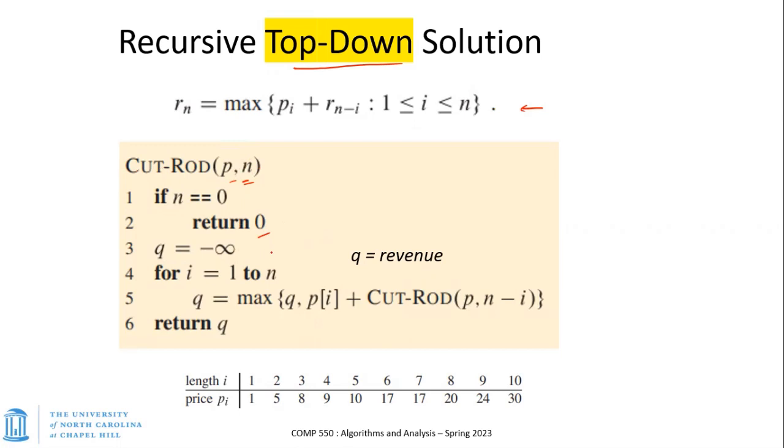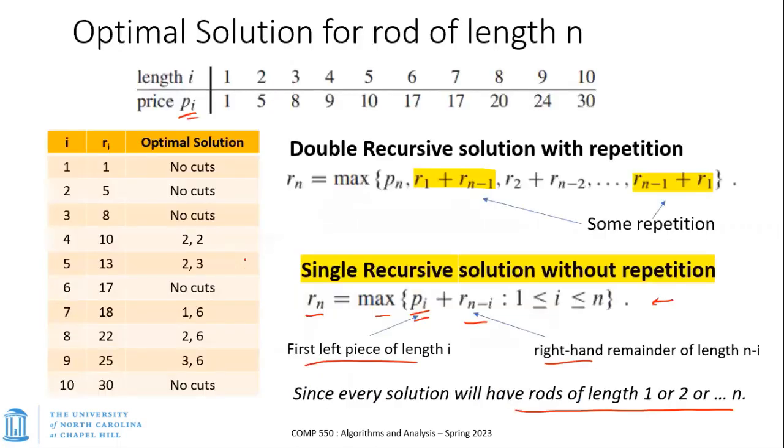But if not, we start off by setting the initial revenue to negative infinity, a really small number. Then we start the recursive part, where we're basically taking a maximum of p_i for i going from 1 till n. So we start with i equal to 1 and go up till n.